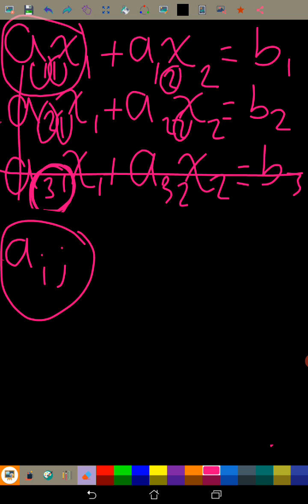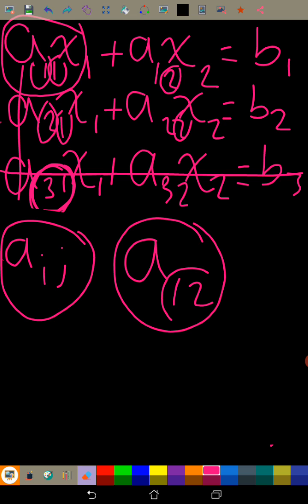Just like a12 has a unique number here, and it's in the first row, second column. So there is no other number that is going to be the same.